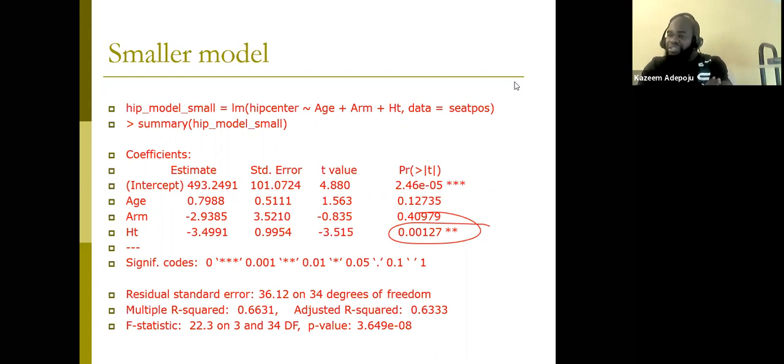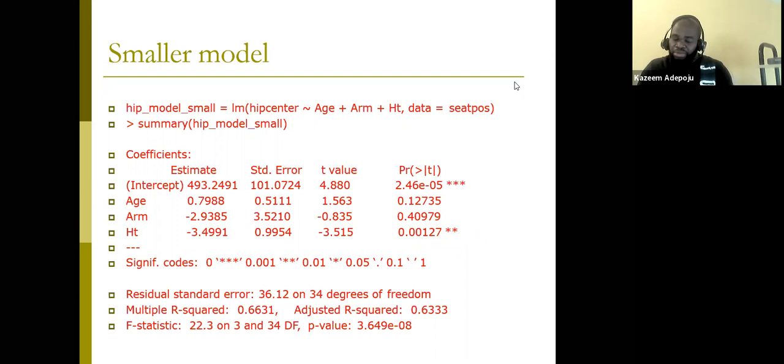We know that it should be significant. So the reason why it was not significant before is because there was a variable correlating with it, and that variable had been removed. Now, take a look at what I have now.